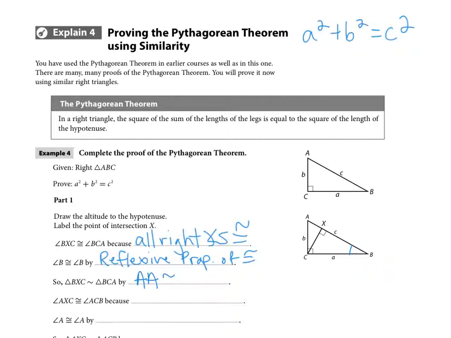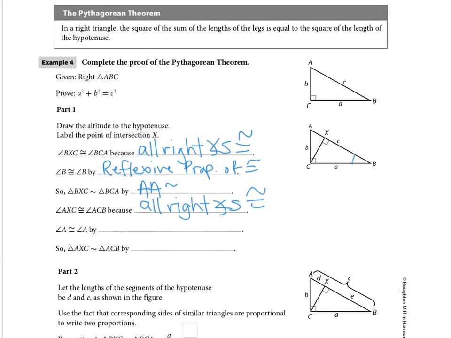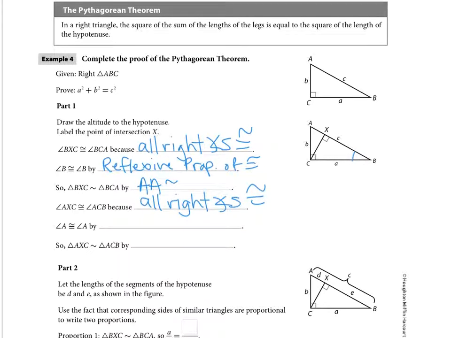In the same way, angle AXC and angle ACB are congruent again because all right angles are congruent, and angle A is congruent to itself by the reflexive property again.